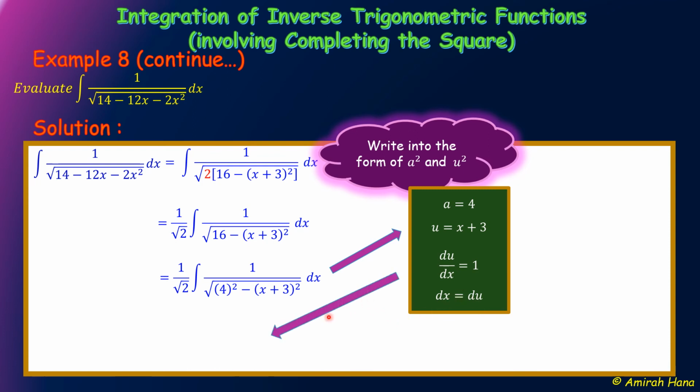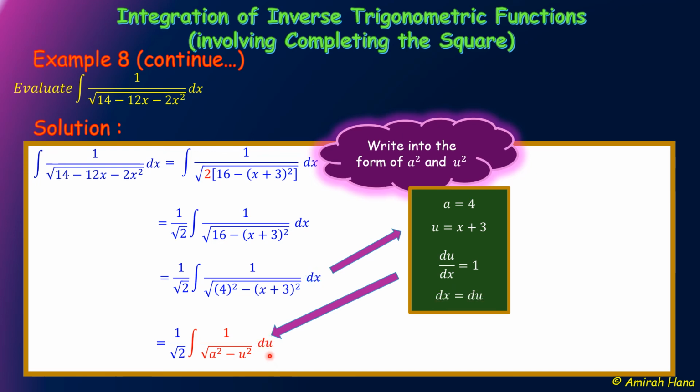And after that, we substitute back in terms of a, u and du. So we have 1 over root 2 integration of 1 over square root of, we replace a equals 4, we replace u equals x plus 3, and we replace dx equals du.